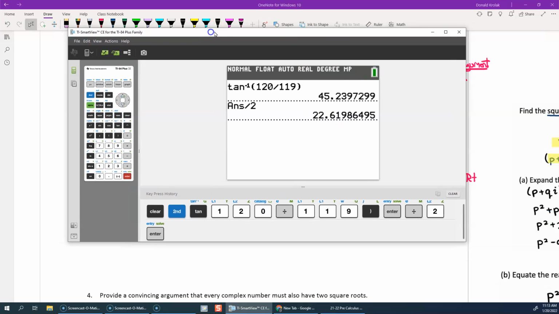Okay, so that's my angle right there. So I'm going to use this whole thing so it's more accurate. I'm not going to round it. Okay, I don't know if you know how to store on these calculators, but right here I'm going to say store, and put it in number 1.